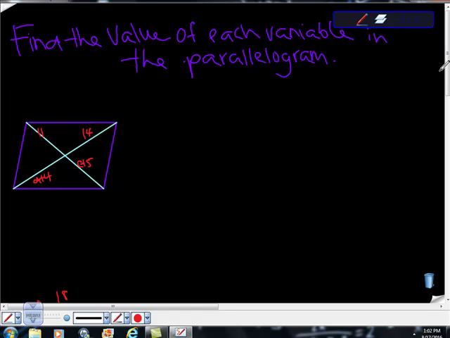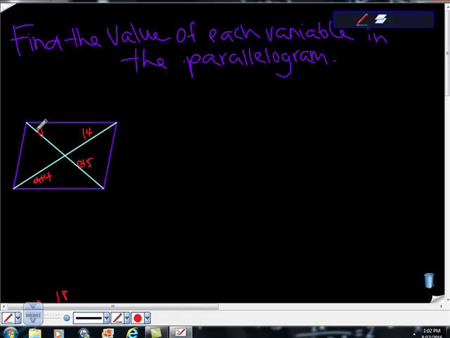This is an example of the diagonals bisecting each other. Okay, so this is bisecting this.